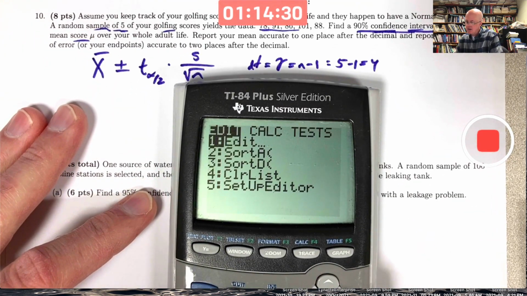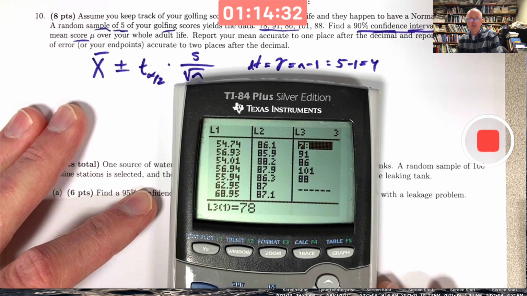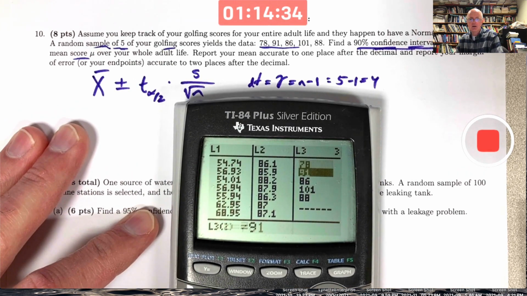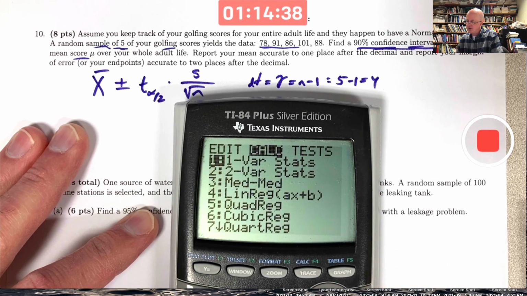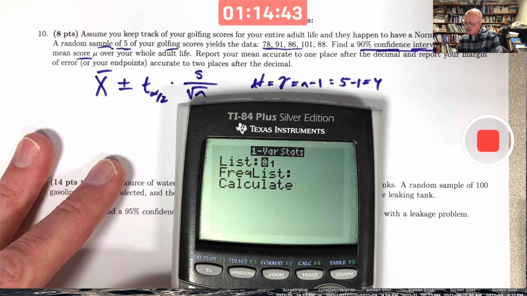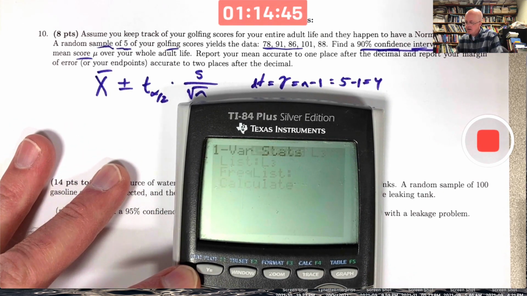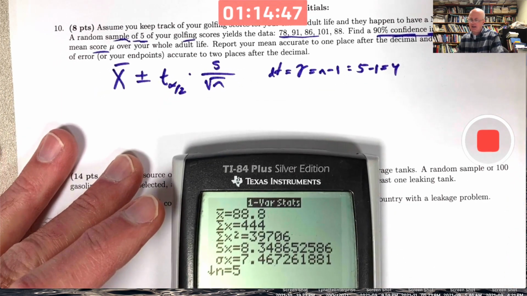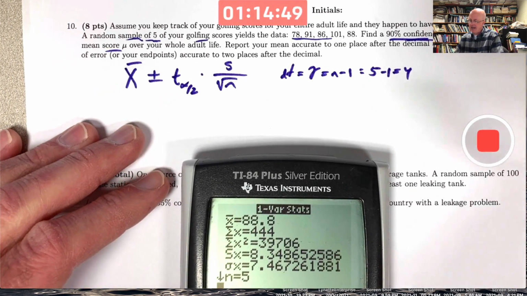My stat menu. I do have these numbers in list 3: 78, 91, 86, 101, 88. Okay. Stat, calculate one variable stats. List 3. We get an observed value of x bar to be 88.8.